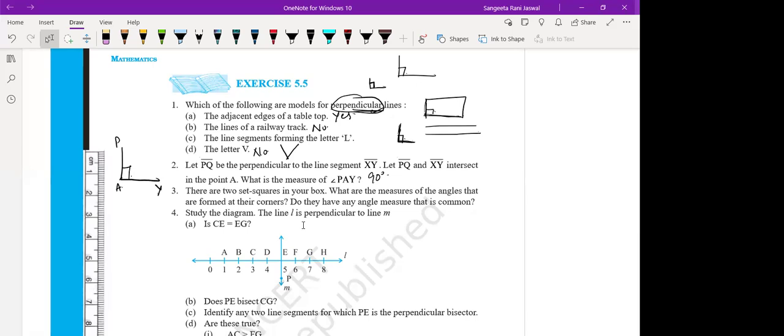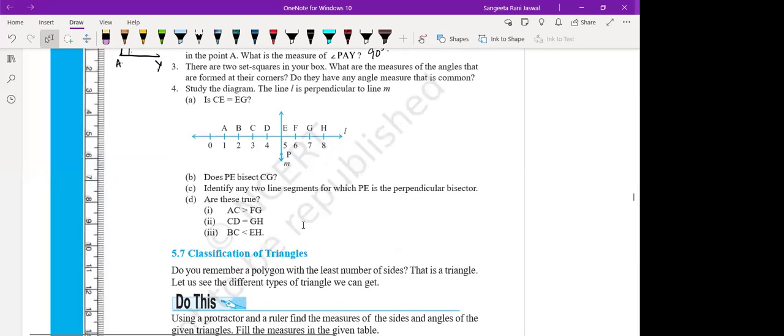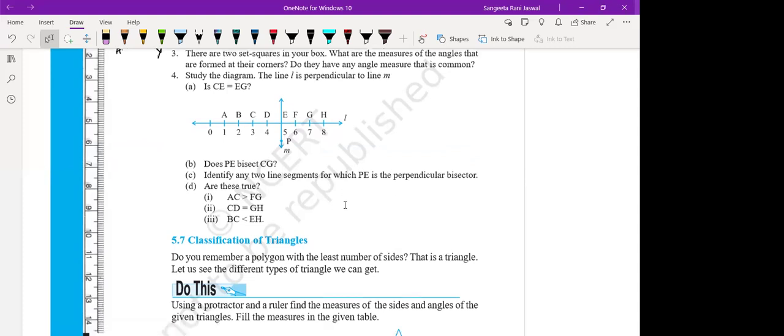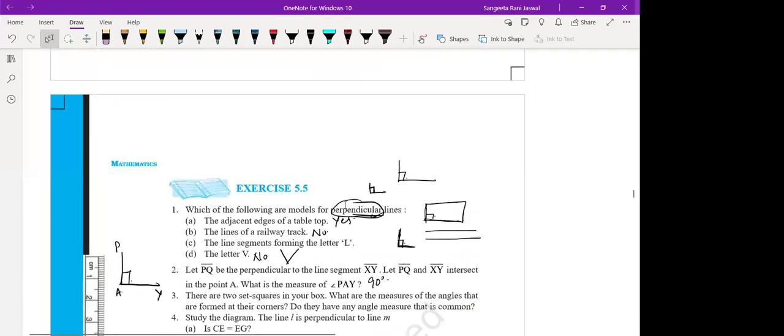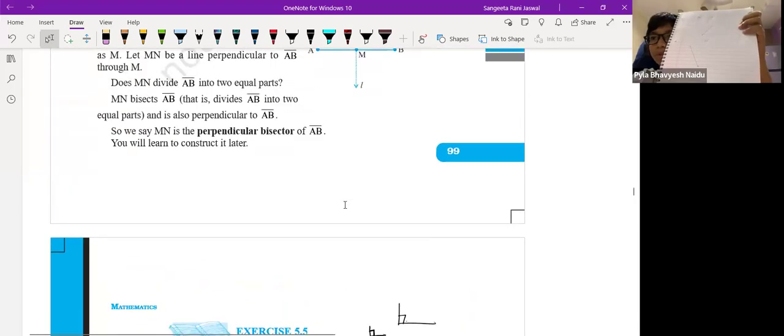Ma'am, I don't have a protractor, ma'am. How did you do that? Ma'am, I lost it, ma'am. I can't find it. I have found it now, ma'am. Okay, keep it down, Trilokya, Neha. Good, beta. Harshit, Bhavesh. Ma'am, I'm showing.